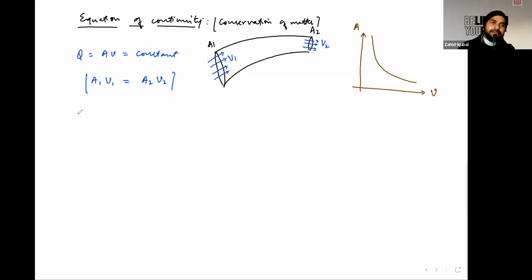Next is the most famous part, that is Bernoulli's principle. Samira, just explain Bernoulli's principle.